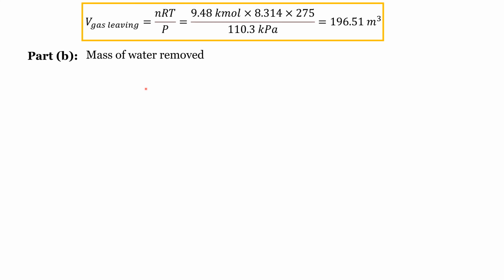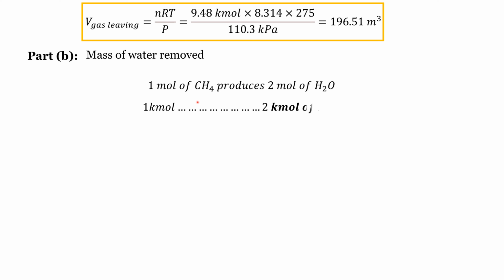In part B, we need to find the mass of water removed. From the stoichiometric equation, 1 mole of CH4 produces 2 mole of H2O, and initially we had 1 kilomole of CH4.